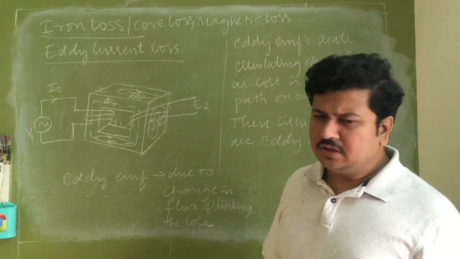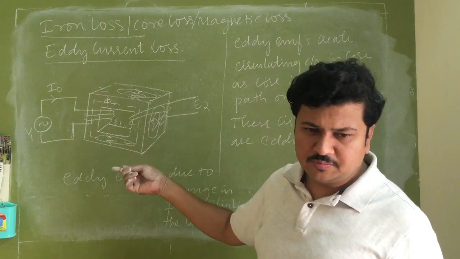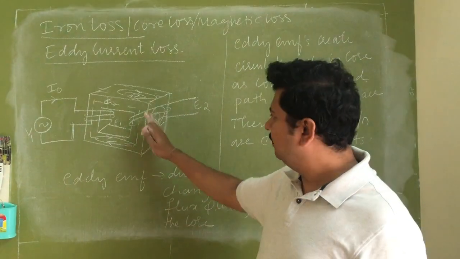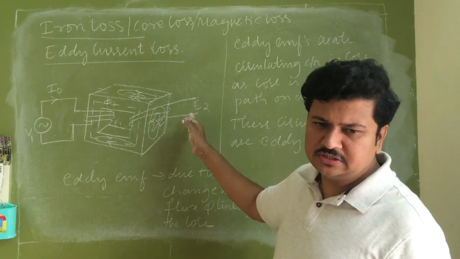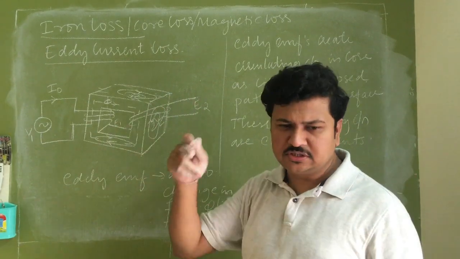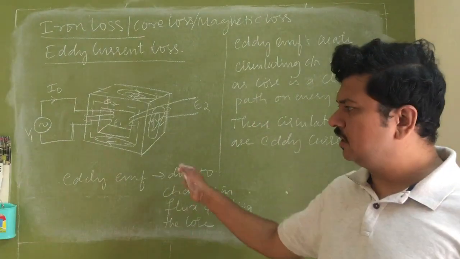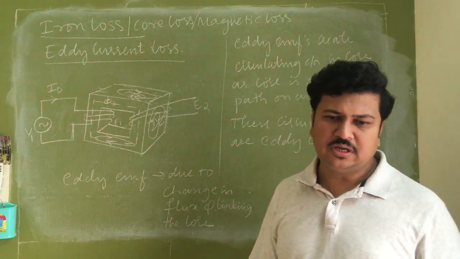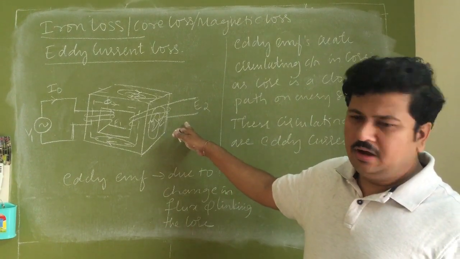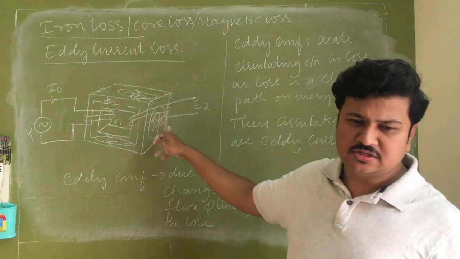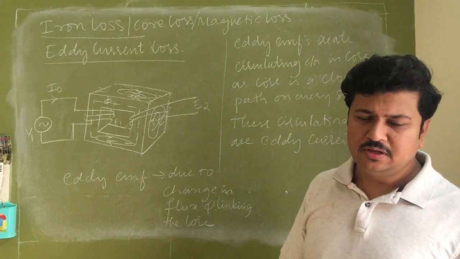Even if the load is there or no load is there, flux has to exist in the core. When flux exists, eddy currents occur. Now what is the problem with the output? By minimizing the eddy current losses, I am increasing the output.